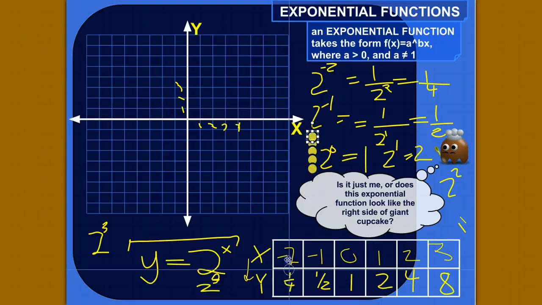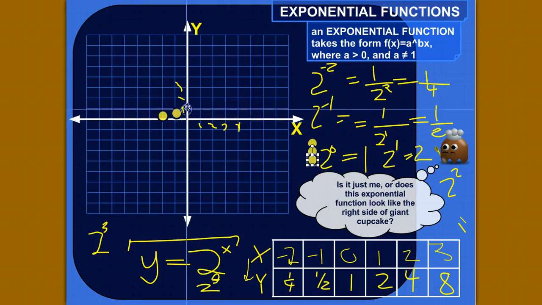Alright, so let's start plotting these points we have. The first one is x is -2, and then y is 1/4. So if this is 1, 1/4 is maybe down there. It doesn't really fit very well in this graph. I apologize. Then -1, 1/2. So x is -1, y is 1/2, a little bit higher, like that. And then 0, 1.